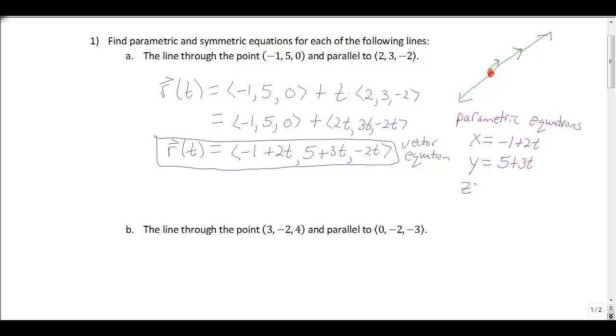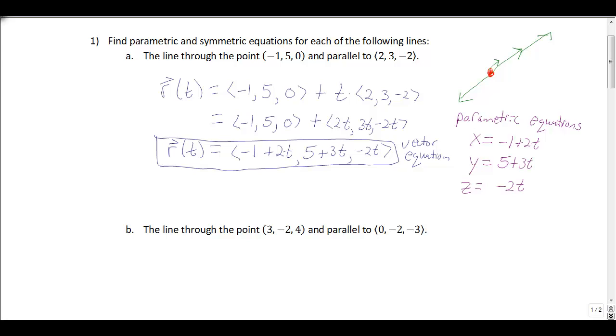And z equals the third component, that's the -2t. I don't really get that concerned about the difference between parametric equations and vector equation, because essentially they're just two different ways of writing the same thing down. With parametric equations, you don't really have a vector explicitly there. I would really think of this vector equation as a parametric equation as well.